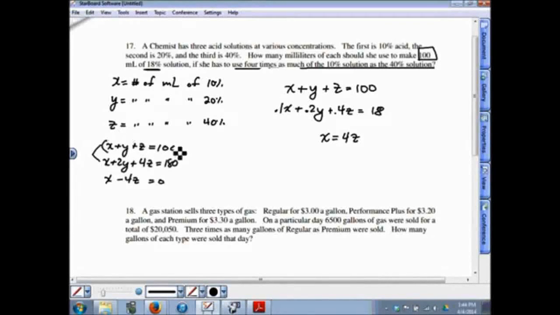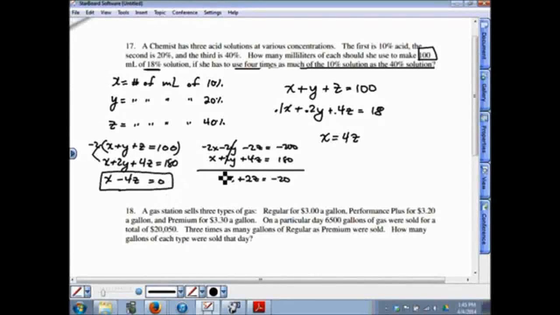So I'm going to multiply the top equation by -2. That gives me -2x minus 2y minus 2z equals -200. Combine that with the middle equation of x plus 2y plus 4z equals 180. That's going to give negative x plus 2z is equal to -20.